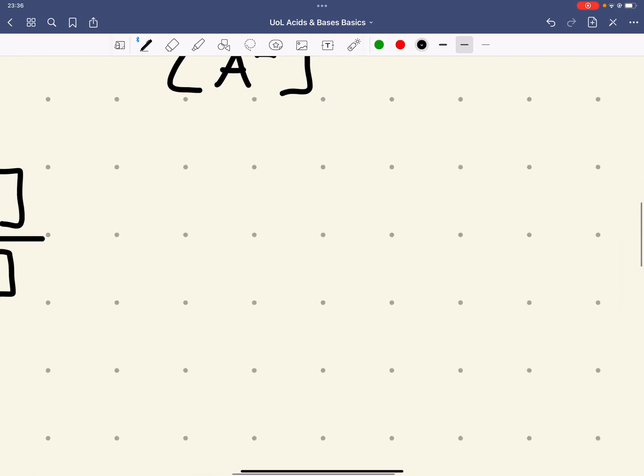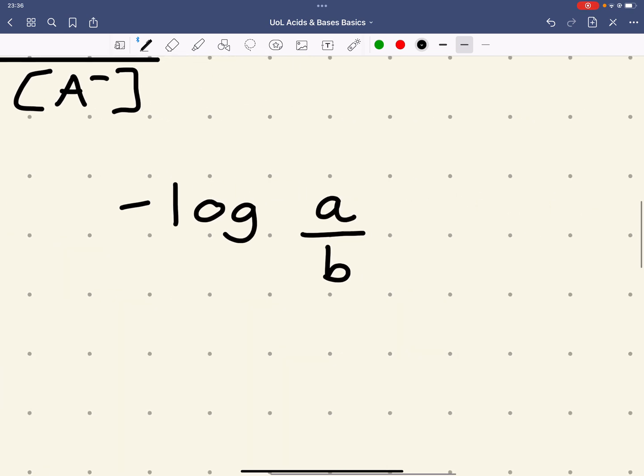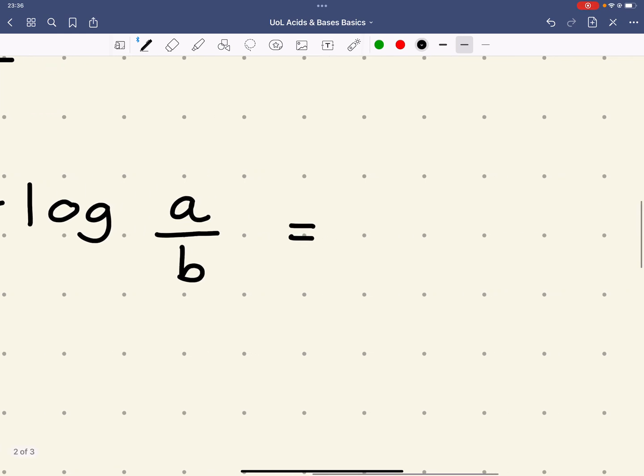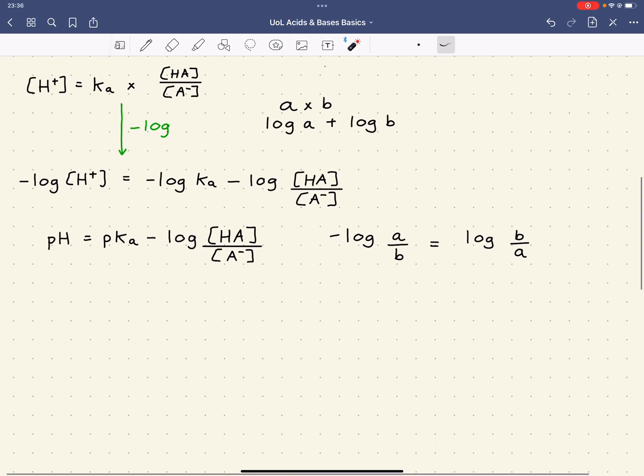because what we can do is use some log rules. Log rules will state that minus log of A over B is the same as log B over A. So in effect, if we change this sign from a minus to a plus, these have to be switched around.